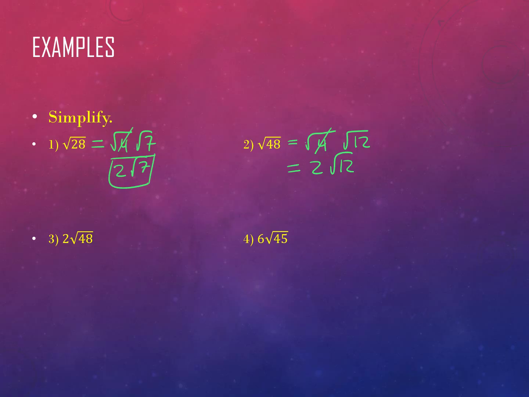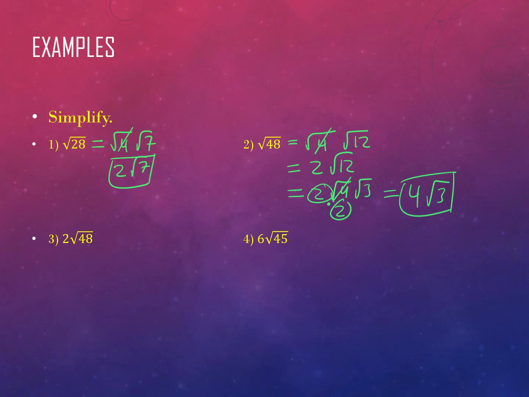You need to check whatever's left over to see if you can simplify that any further. And square root of 12, I actually can simplify that further. That's the square root of 4 and the square root of 3. And the square root of 4 is 2 again. So I have a 2 and another 2. Since these are both already outside the radical, I would multiply them together to get 4. And then square root of 3 is left over, so your answer is 4 square root of 3.